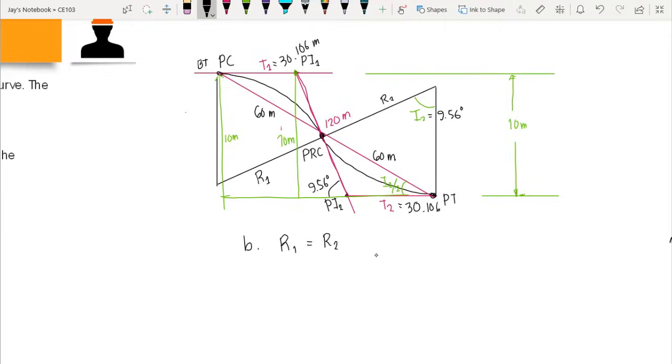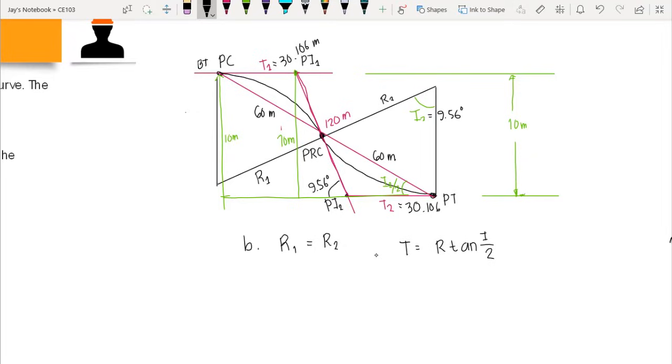Okay? So we will just be using the formula that we derived from our previous video. Again, the link to the derivation of the simple curve formula has been posted in the description below. So we have the formula: tangent is equal to R tangent of I over 2.